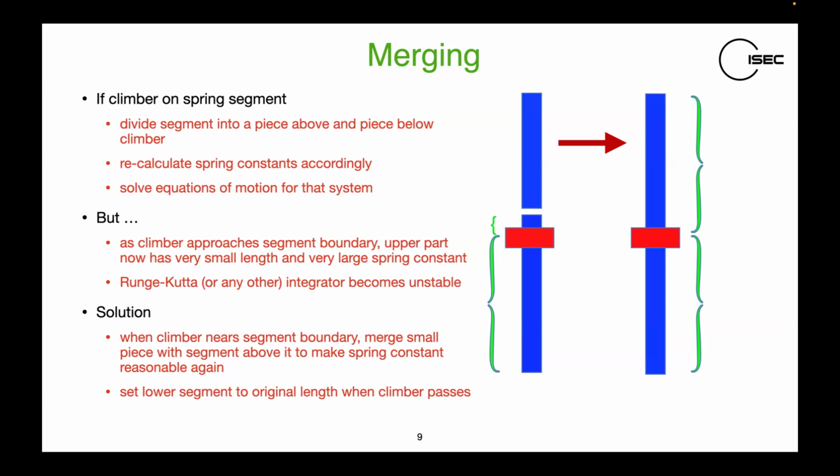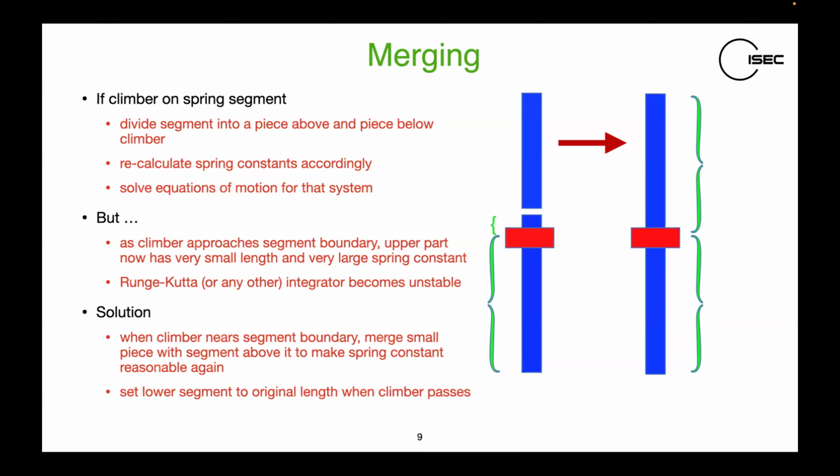So if there's a climber on a spring segment, you have this particular problem. You've already divided up the tether into several segments. And those segment boundaries, although artificial, are necessary for discretizing the problem and solving it.